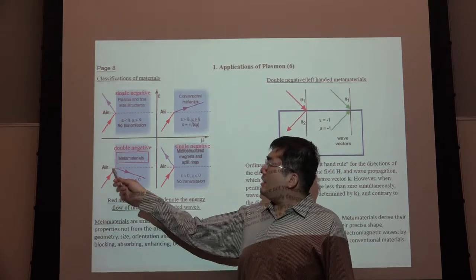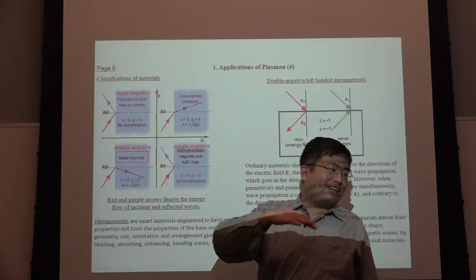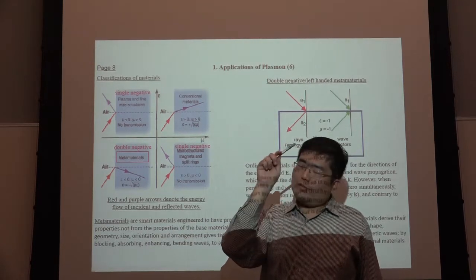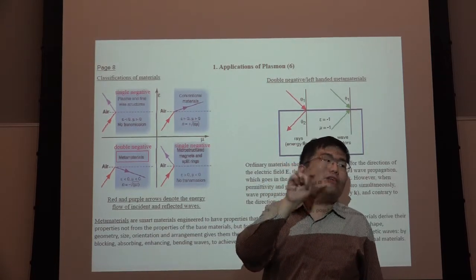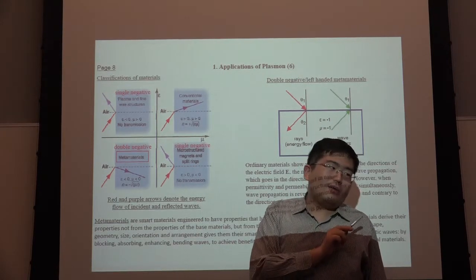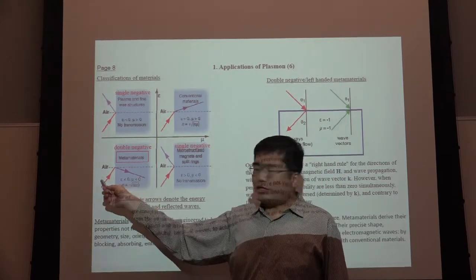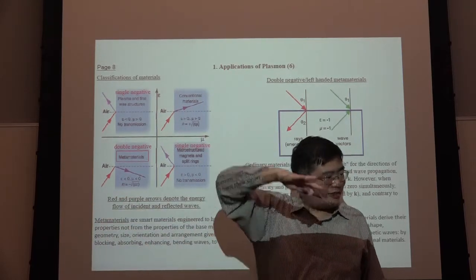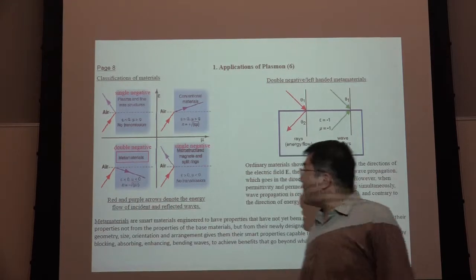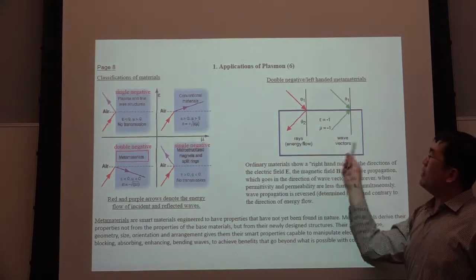You can see the rays are on the same side, right? Because sine theta 1 over sine theta 2 equals n1 over n2. This is Snell's law. Whenever n is negative, sine theta is just reversed in direction. Another thing you can see here. This is a very interesting picture.